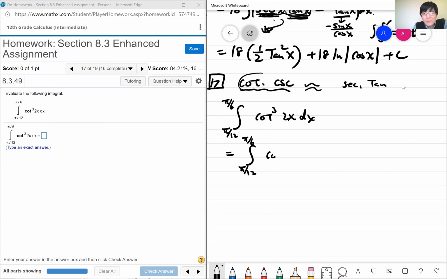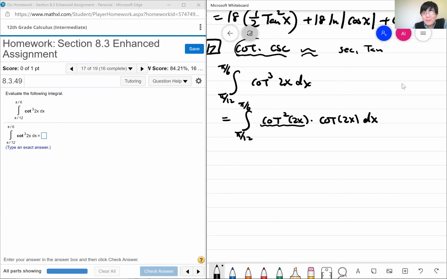So first of all, split this one into a square and a single term. And rewrite this one into cosecant. So just like 1 plus tangent square is equal to secant square, 1 plus cotangent square is equal to cosecant square. This is the one we are going to use.